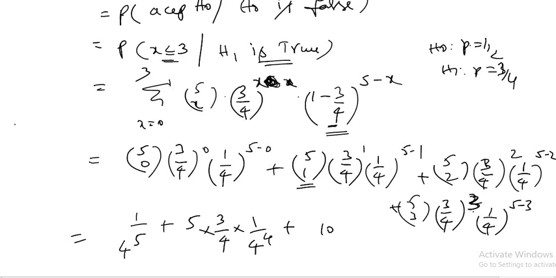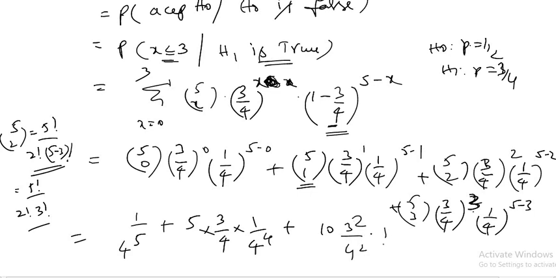How will you calculate 5C2? 5 factorial by 2 factorial into 3 factorial, so you get 10. Then 3 square by 4 square into (1/4)^3, plus 5C3, which is also 10, into 3 cubed by 4 cubed, into (1/4)^2.